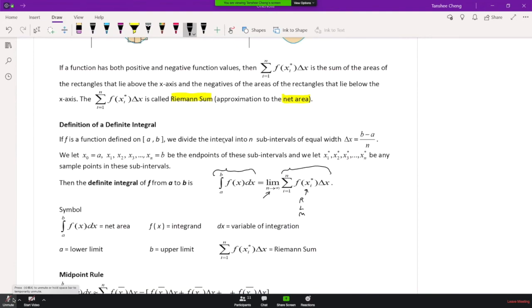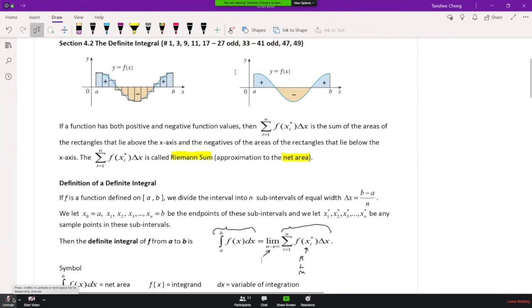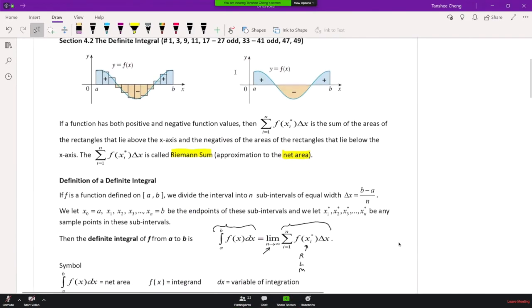The overestimating and underestimating will be very, very tiny. If you imagine infinitely many very tiny rectangles, each almost like a single line, then the error we get is almost negligible, and it can be seen as where the limit is approaching, which is the actual area.